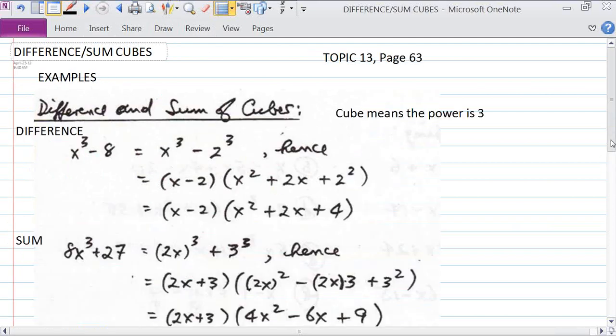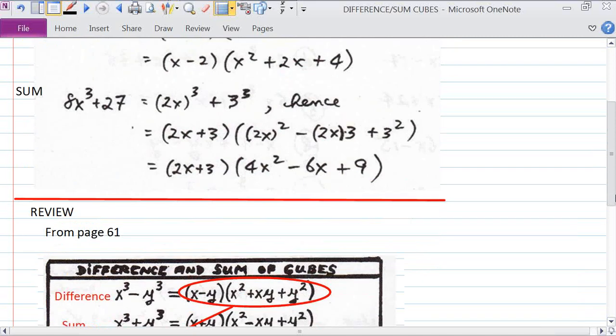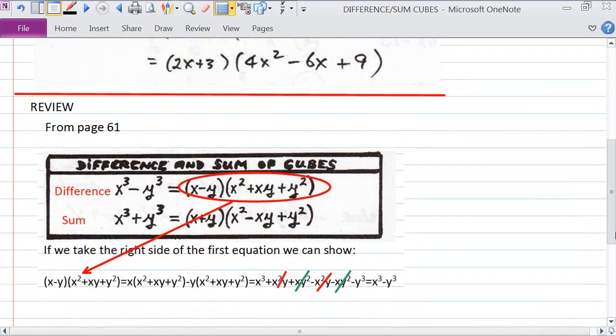Now, the sum and difference of cubes. Let's just go back and review from page 61. We saw that x cubed minus y cubed has factors x minus y. In other words, we just take the x minus the y and we put that here without the cube. The sign is the same here.